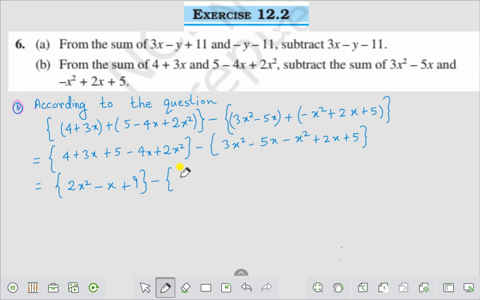The 3x square minus x square is 2x square. That is 2x square minus 5x plus 2x is minus 3x and plus 5.